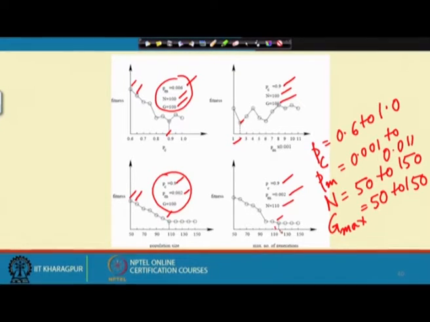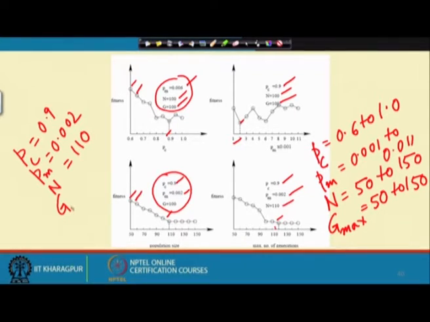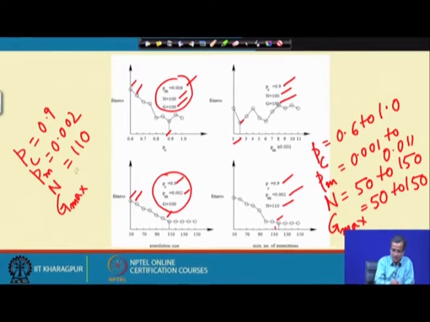So, what should be that optimal set of GA parameters? The optimal parameters should be Pc equals to 0.9, Pm equals to 0.002, population size equals to 110, and Gmax, that is the maximum number of generations, equals to 120.